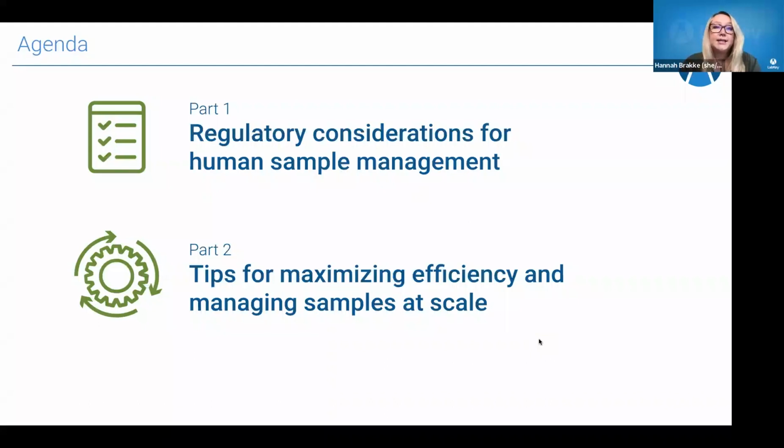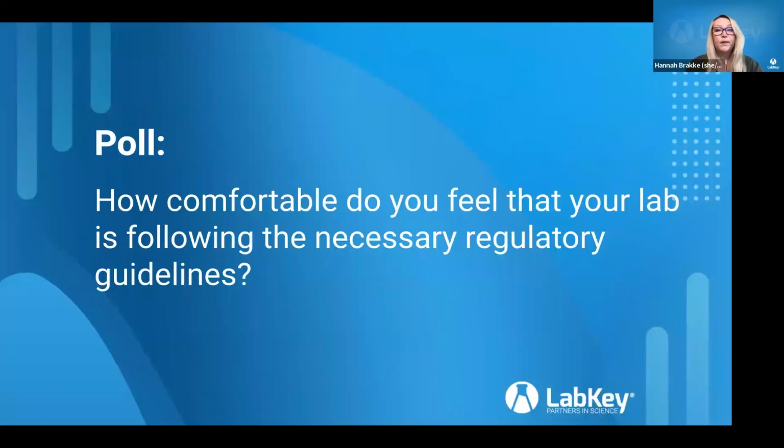So for today's agenda, we're going to talk about 2 different things, both the regulatory considerations for managing clinical trial samples, as well as some tips to help maximize the efficiency and help your lab manage those samples as you continue to grow. So we're going to start out with some engagement and see how comfortable you guys are feeling that your lab is following the necessary regulatory guidelines.